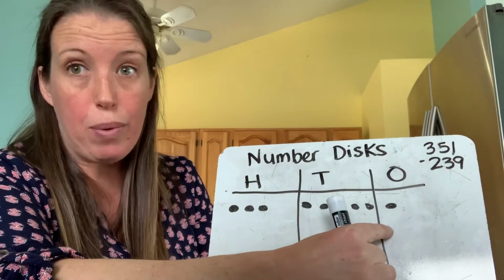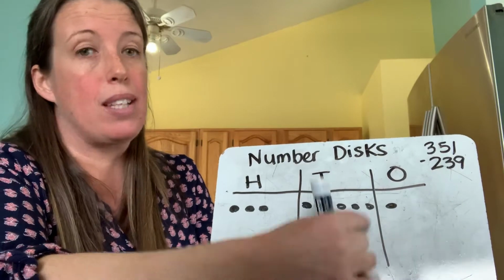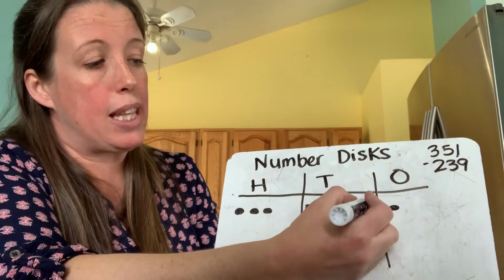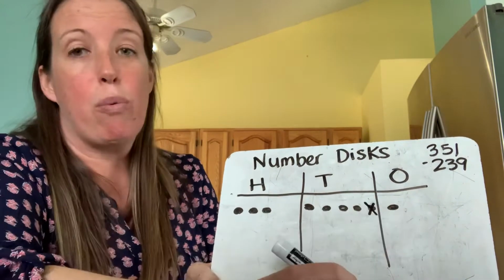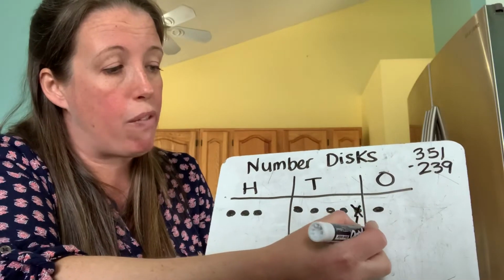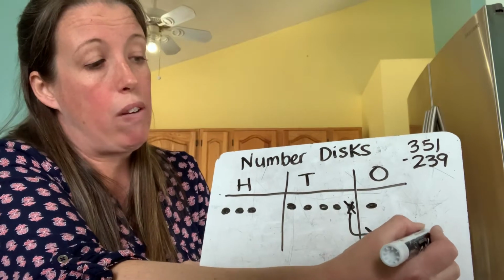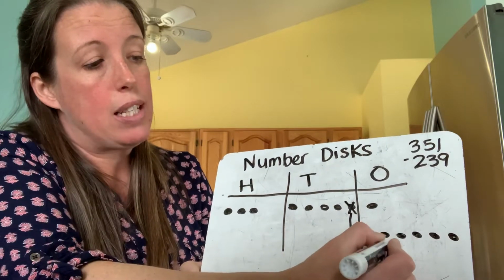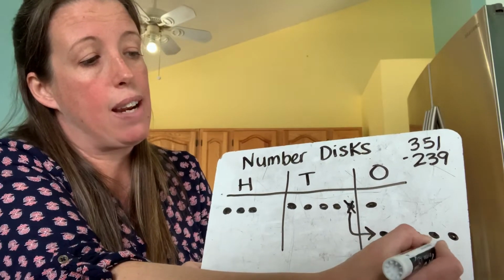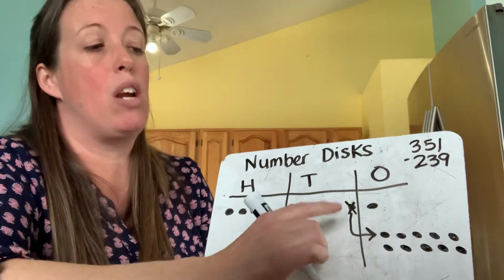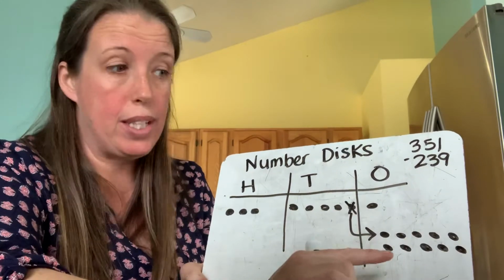I don't have 9 ones, so I'm going to go next door and get 10 more. So I'm going to take this one and regroup him into a 10 frame. 1, 2, 3, 4, 5, 6, 7, 8, 9, 10. I always get 10 more, always.